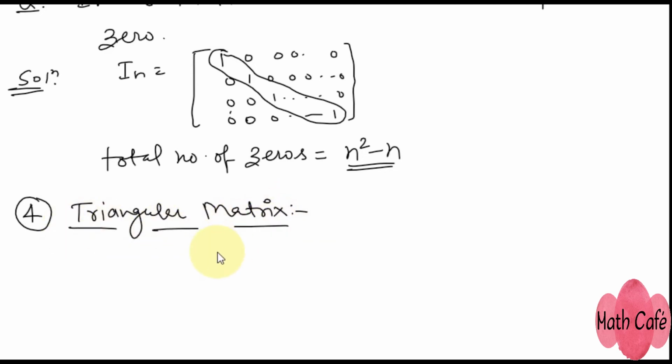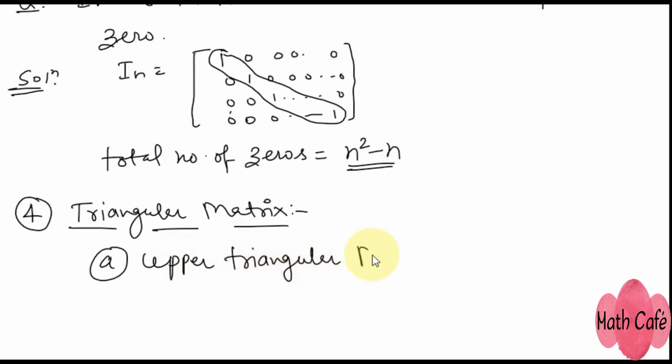There are two types of triangular matrix. The first one is the upper triangular matrix, and the second one is the lower triangular matrix. First of all, we will talk about only the upper triangular matrix.